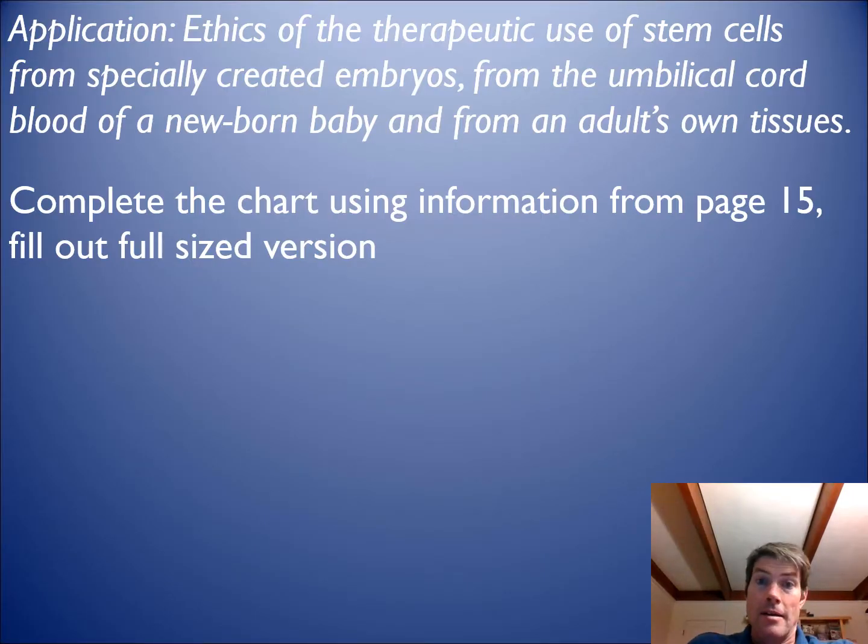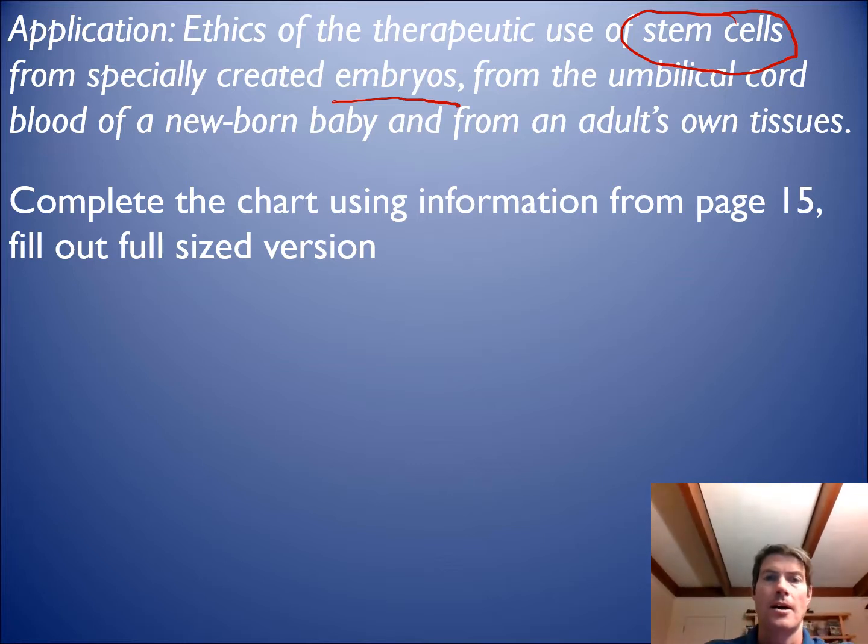So stem cells. You haven't heard about it in a while, but it comes up every once in a while. People get really worked up over embryos because it's the very beginning of a life form, a human life. So what we do with them, we can do really good things research-wise, but then some people think that's ethically incorrect.